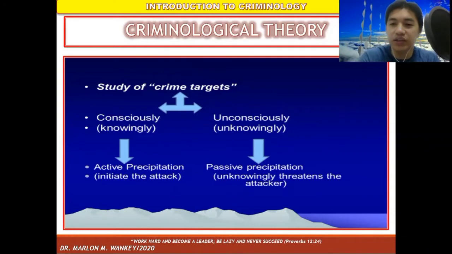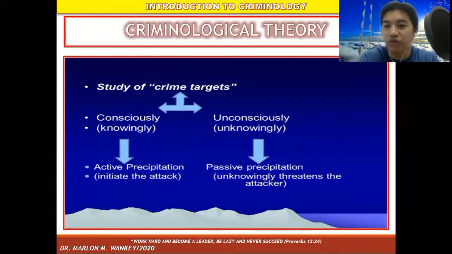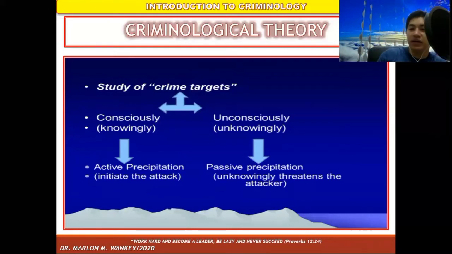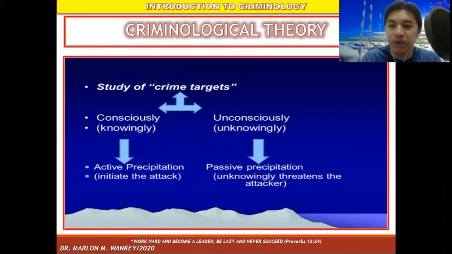So cautiously, another example is when you place your wallet in the back pocket of your pants and you know that you are entering a crowded place where there is a possibility that there are thieves targeting people whom they know they can get money from. And what you did after placing your long, visible wallet in the back pocket of your pants was proceed to the crowded place.